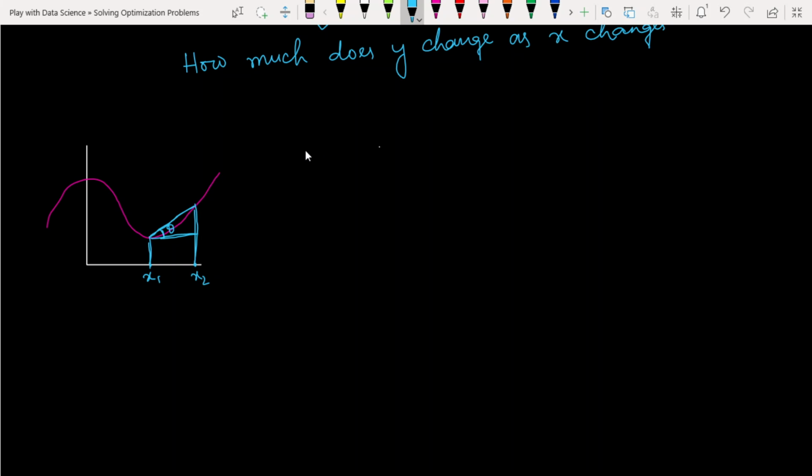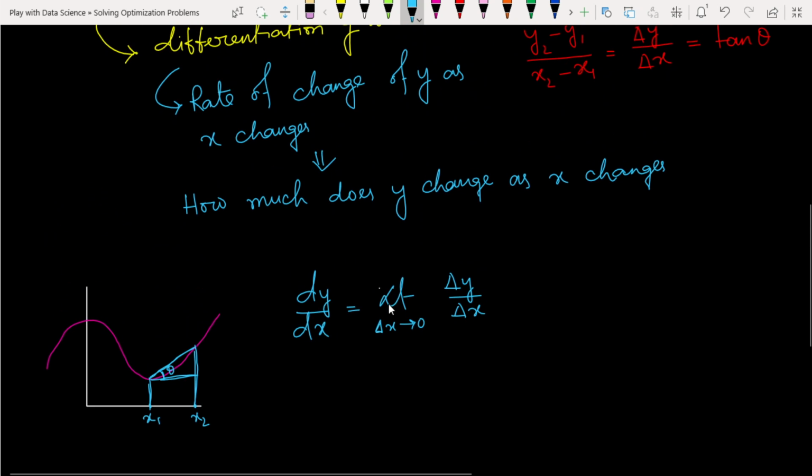Now if we write down the geometrical concept of dy by dx, I am writing limit delta x tends to 0 of del y by del x. Just don't be confused by this sign. This is simply the limit concept.